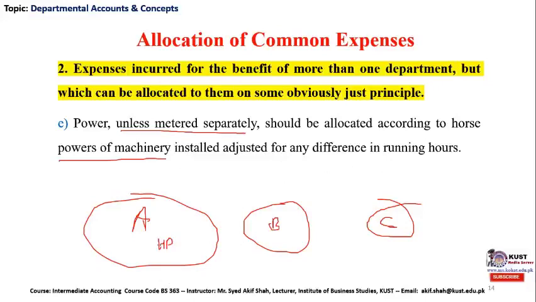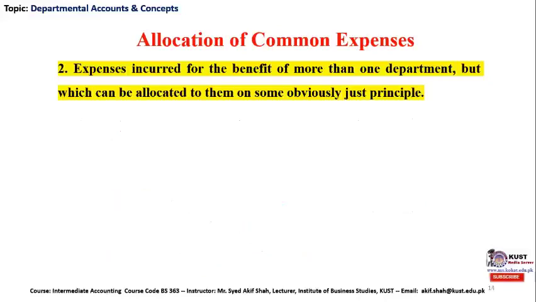The horsepower is multiplied by how many hours Department A was using it, let's suppose 6 hours in a day, and similarly horsepower multiplied by, let's suppose, Department B operated for 4 hours in a day. In this fashion we can come up with the power expense related to each department.